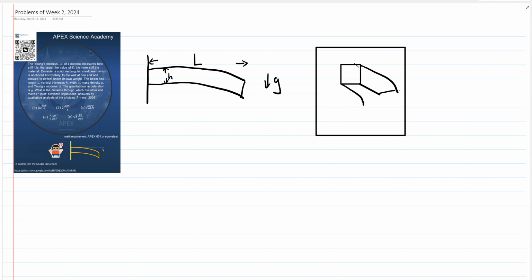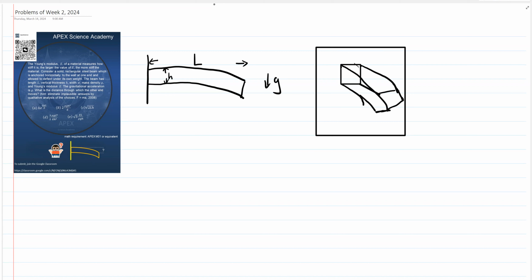I need to remove this automatic shape thing here, so it doesn't autocomplete for me. All right, so the other side is going to look like this. So it's going to be bent down.